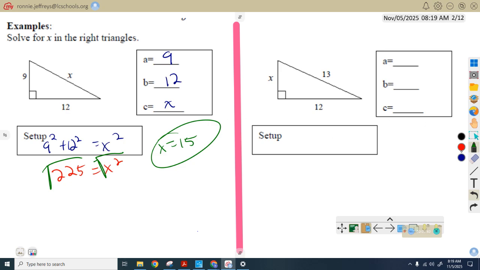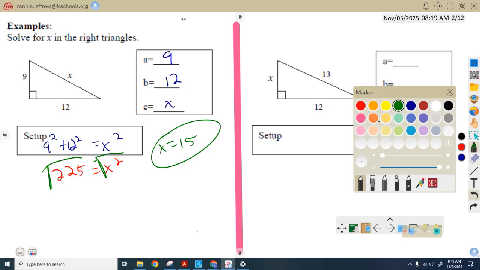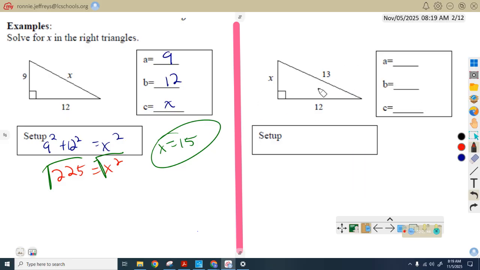Now if we look at this one, our a is x. It's unknown. That's why we have x. b is 12 and then 13. So if we set it up, x squared plus 12 squared equals 13 squared.